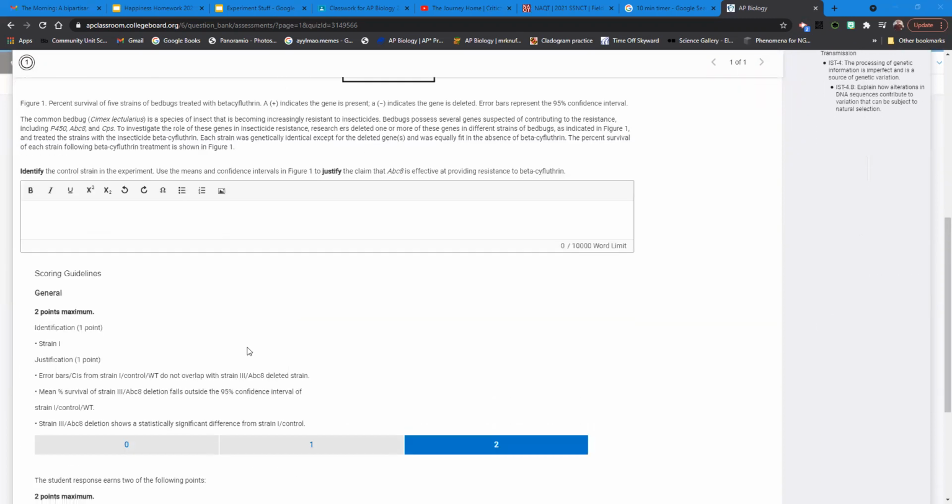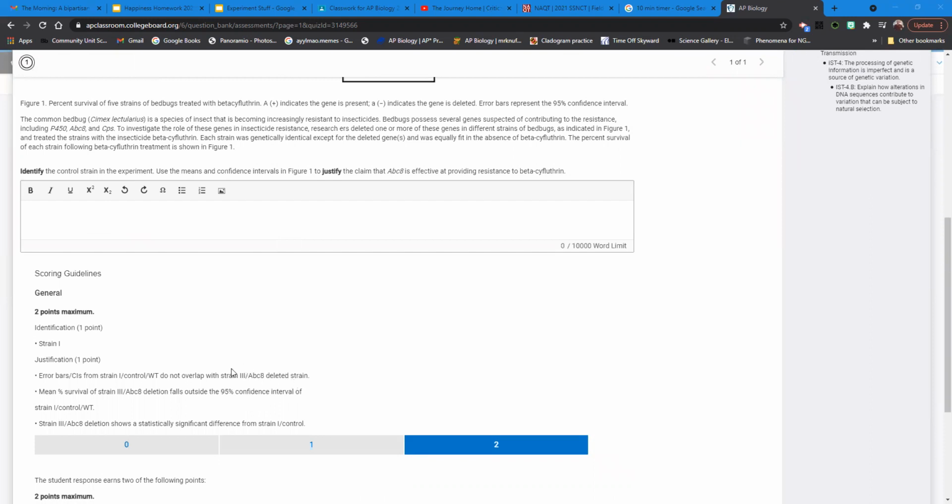And what they wanted you to say for an answer was that the error bars or the confidence intervals from strain 1 or the control or the wild type do not overlap with the strain 3 or the ABC deleted strain.